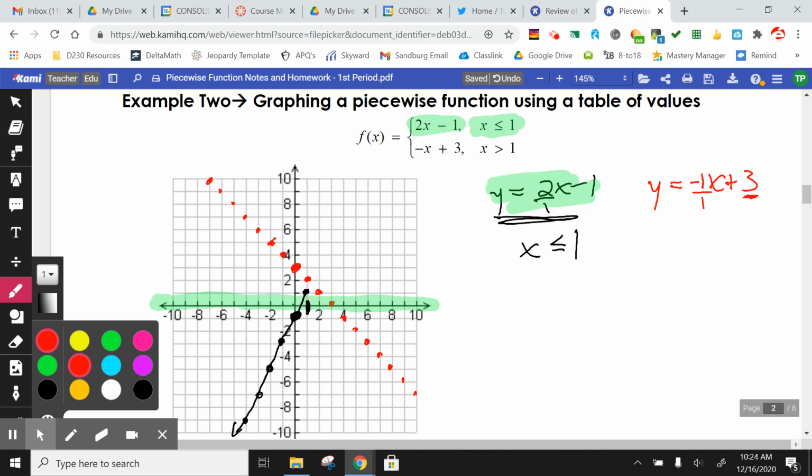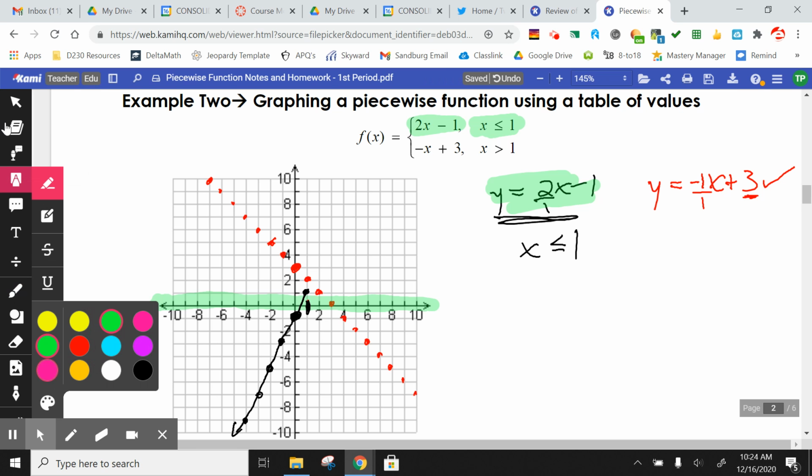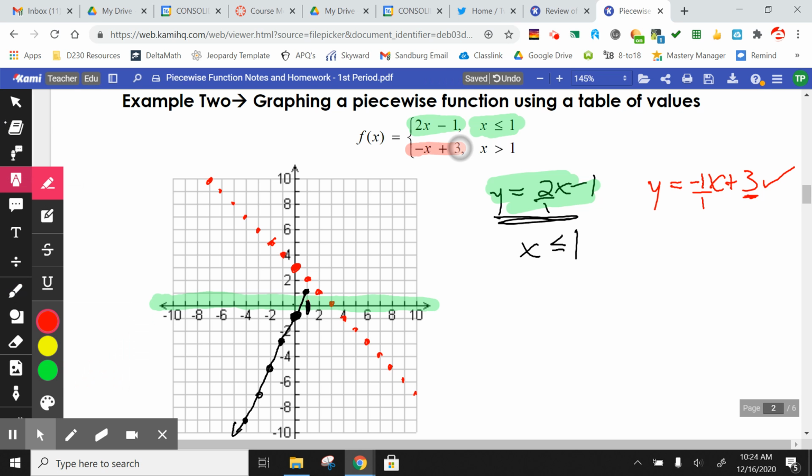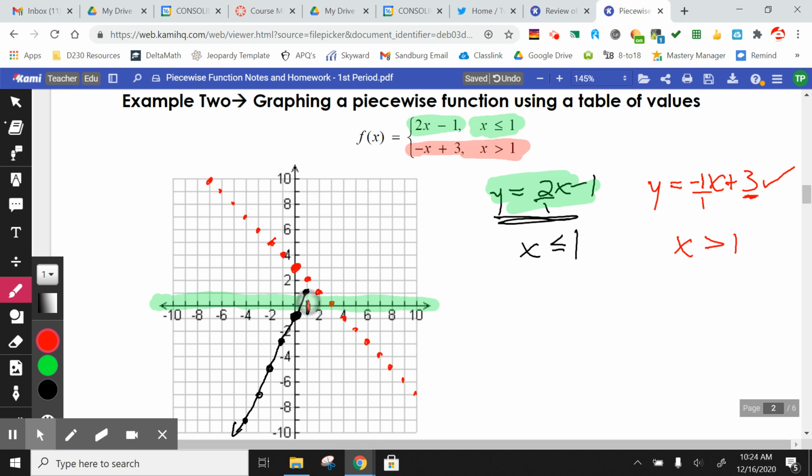If we go to the next one, so now if I go to this negative x plus 3, look at the interval that that one is good for. Isn't that only good for when x is greater than 1? So for this one, we only want this graph for when x is greater than 1. So again, go to the 1 right here. This point has an x value greater than 1.